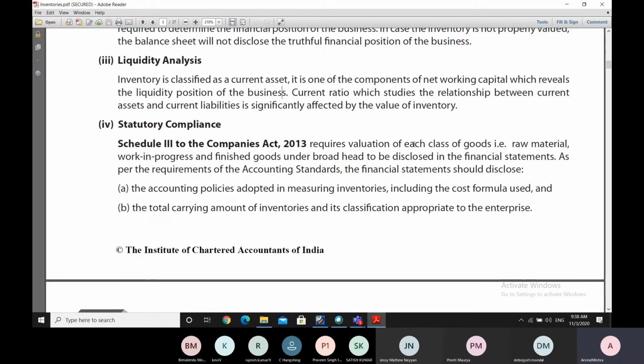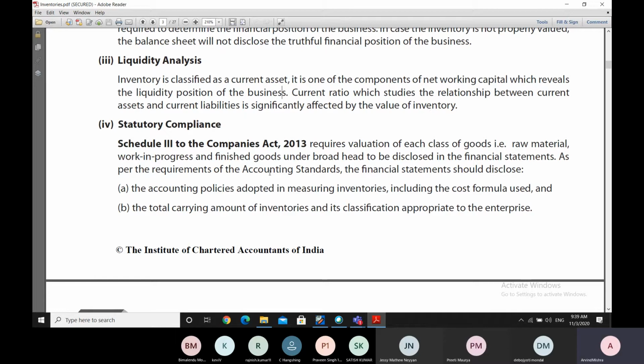That is, we must do separate valuation of the raw material, a separate valuation of the work in progress, a separate valuation of the finished goods. So these broad heads have been given in Schedule 3, work in progress and the finished goods, for which valuation has to be done, and this has to be disclosed in the financial statements.